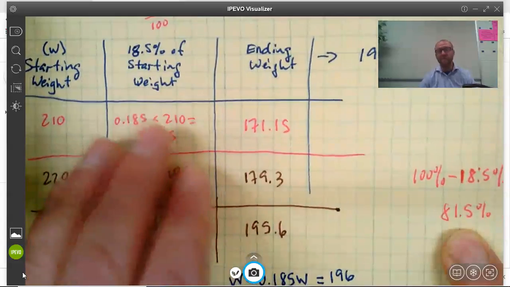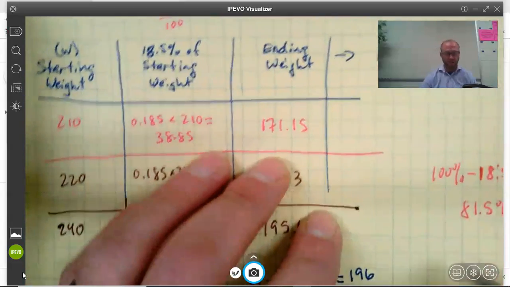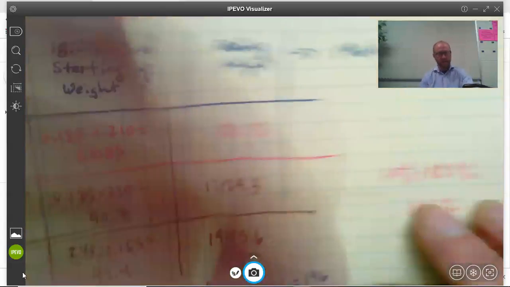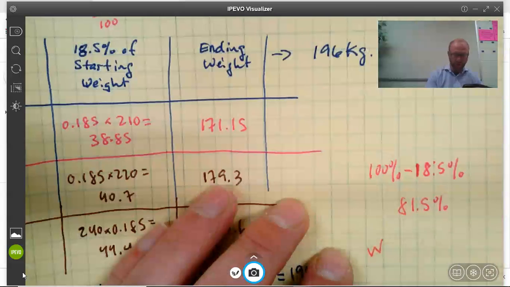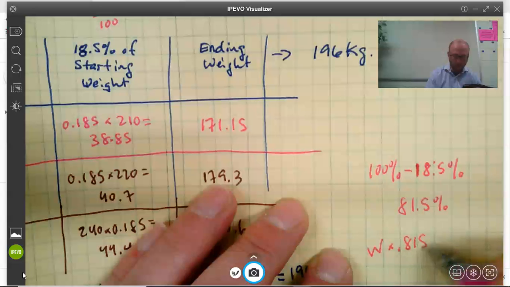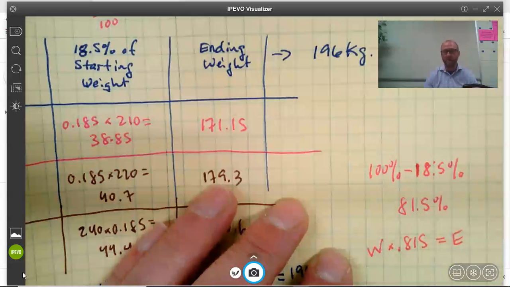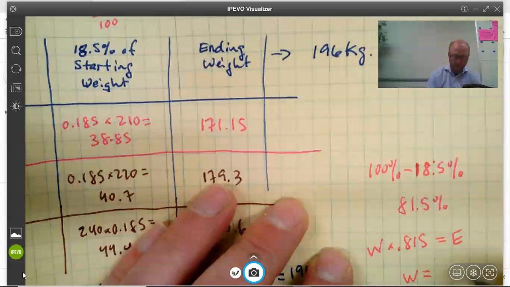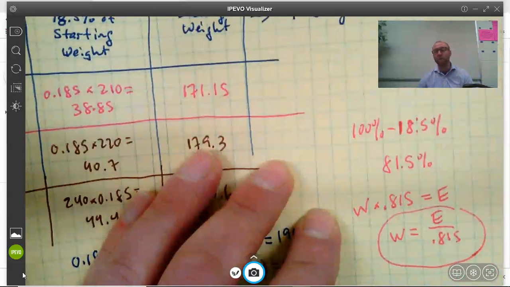I could have simplified this equation by saying that our starting weight, which I'll call W, I want to know what is 81.5% of that starting weight. So I would just multiply by 0.815 to get our ending weight. I save myself a step that way. Then I would just divide each side by 0.815 to get my final formula.